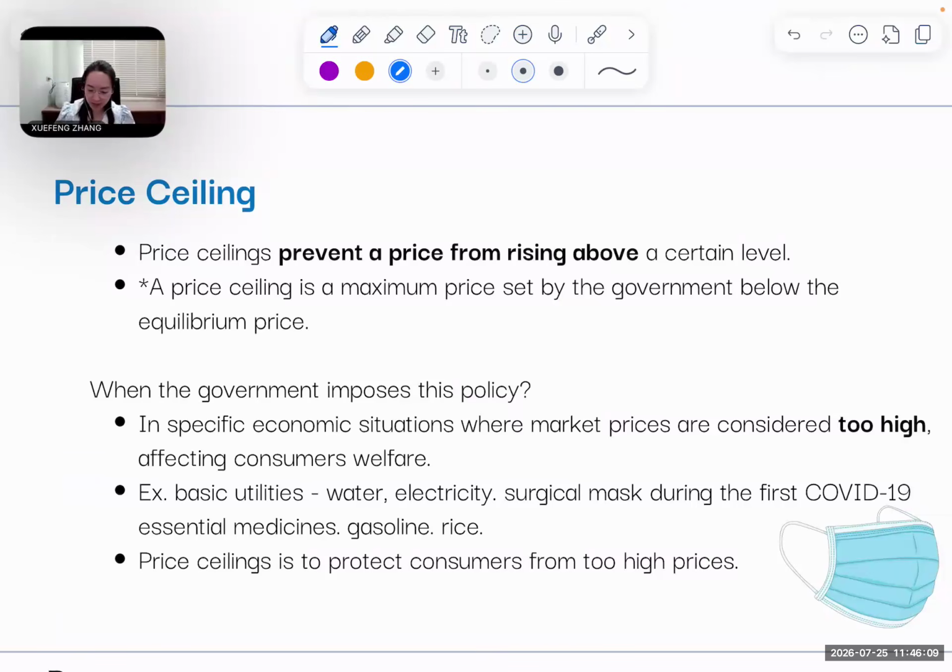So let's see the definition. A price ceiling is a legal maximum, and here's the key detail that matters. It only actually does anything if it's set below equilibrium.